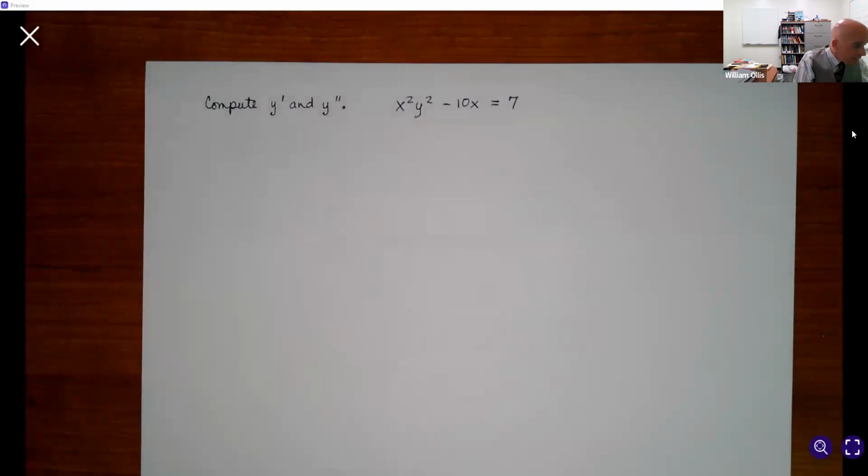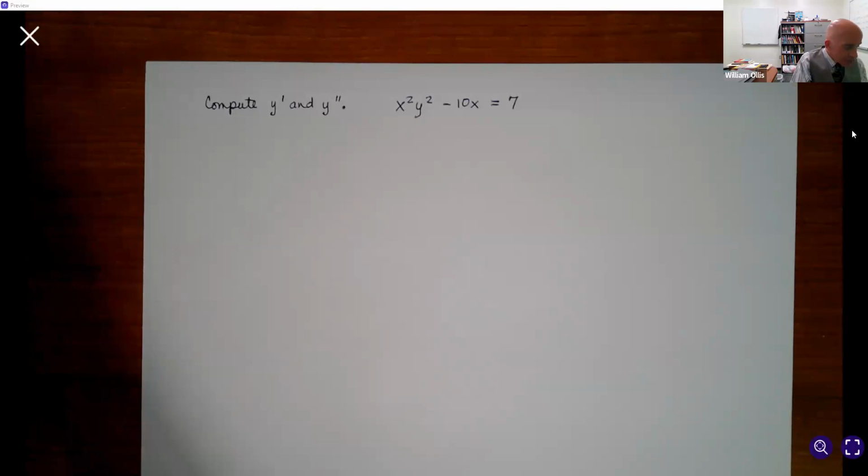Now, I have an example I want to show you. I just want to show you the difference here between the notes and another technique that I'm going to use. Okay, and this will be good. Notice here's the same equation.